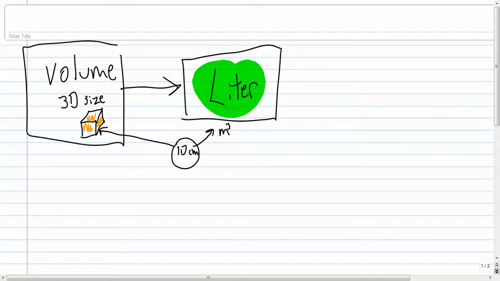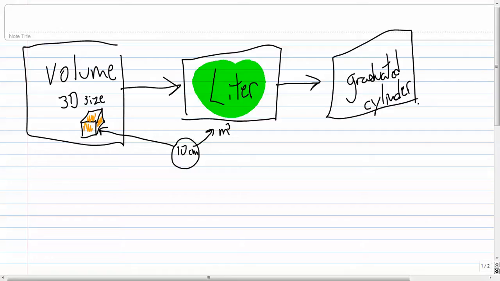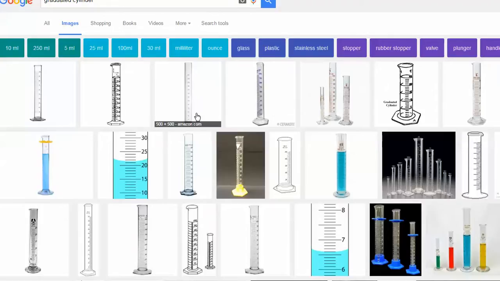Okay. So how do we measure volumes? How would we measure a liter or a milliliter? What we would probably use in our high school setting would be something called a graduated cylinder. And what does that look like? Graduated cylinders look like these things. You've probably seen them before.